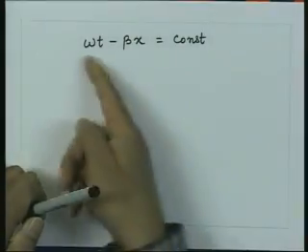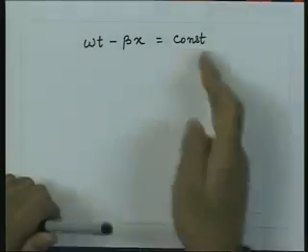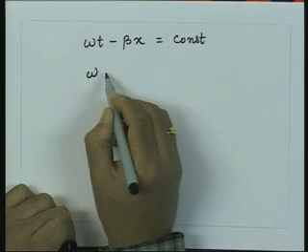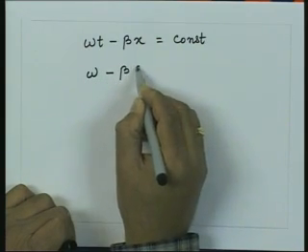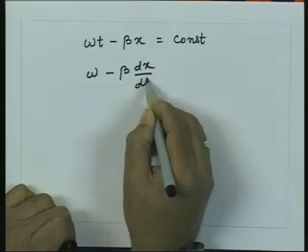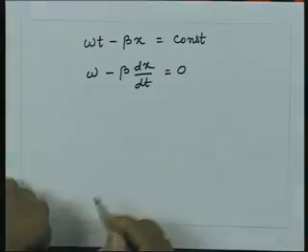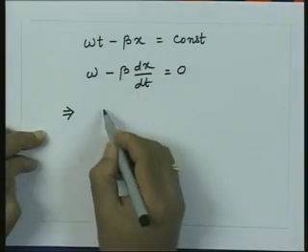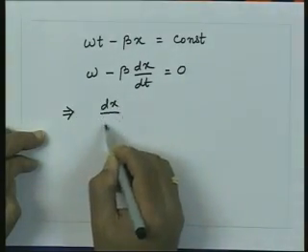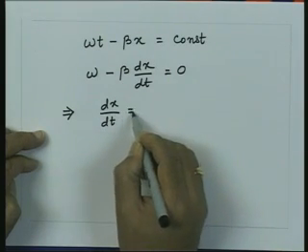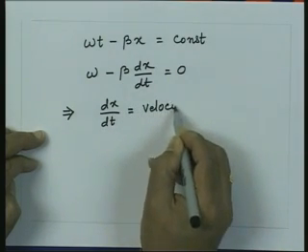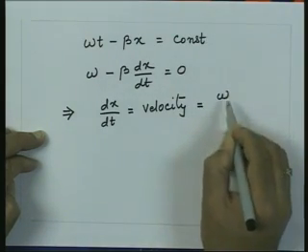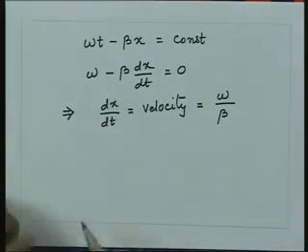Then from here, if I take a derivative of this with respect to time, I will get omega minus beta dx by dt, that is equal to 0, which will give me this quantity dx by dt, which is nothing but the velocity, that is equal to omega by beta.